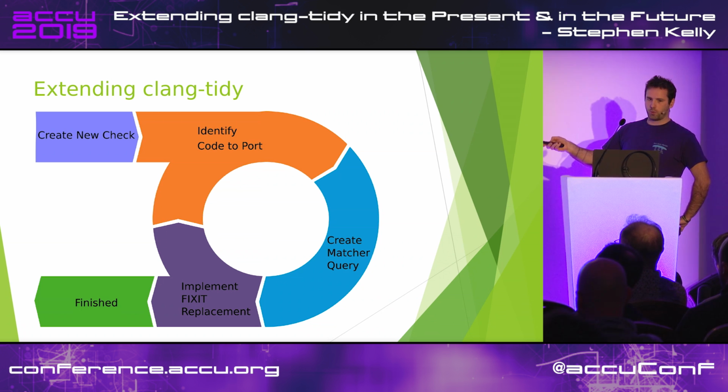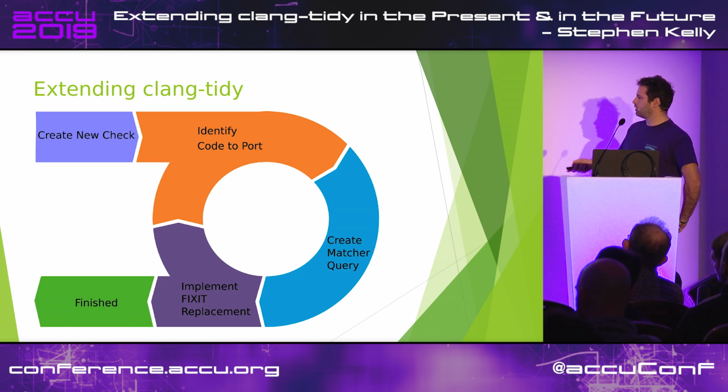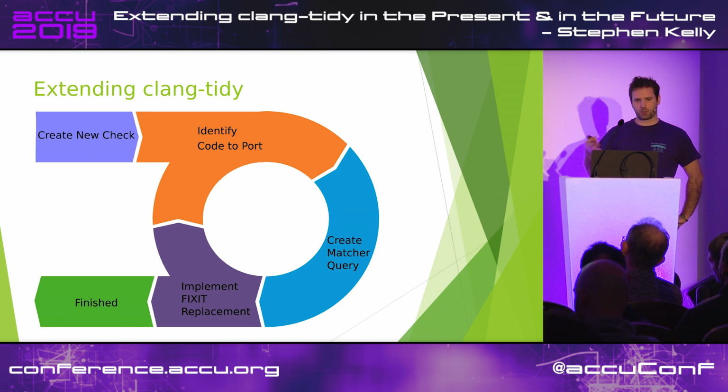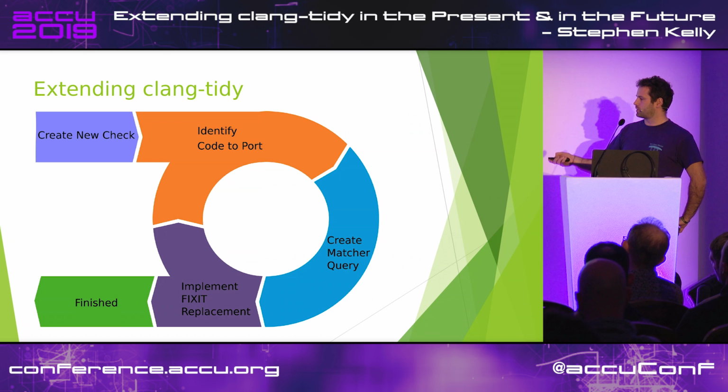We identify which code we want to port, we create an AST matcher query, and we implement fix-it replacements. So, for example, the override check that we already saw has a matcher query for finding methods which don't have an override, and it has a fix-it to insert override into the places that it should be.